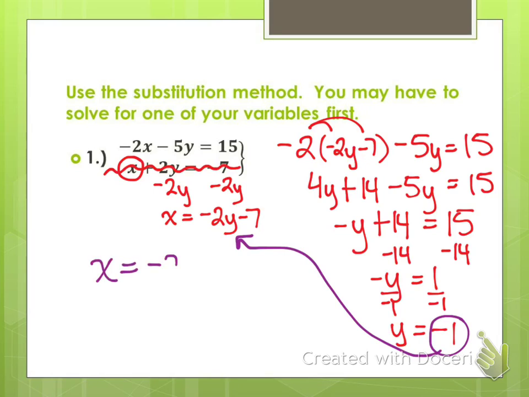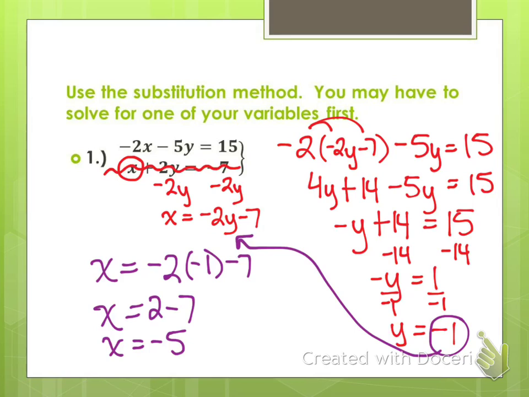So x equals -2 times -1 minus 7. -2 times -1 is 2, minus 7, -5. After I do all that work, I still need to remember to write my answer as an ordered pair. What's it going to be?